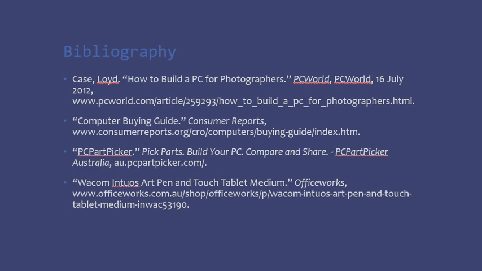So they actually looked up a couple of articles about what sort of things they would need to build a PC for photographers. They looked up some consumer rights reports to see what sort of suggestions they had. They used PC Part Picker, and then they also looked up a Wacom.